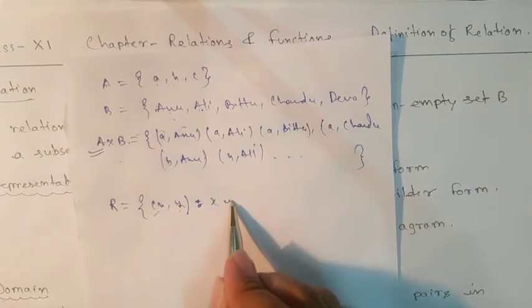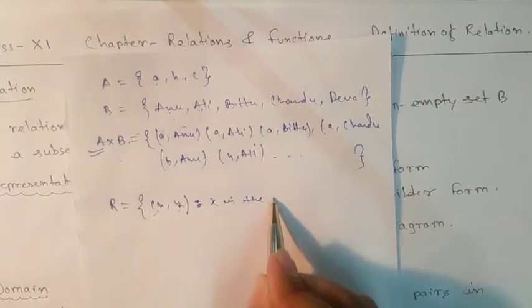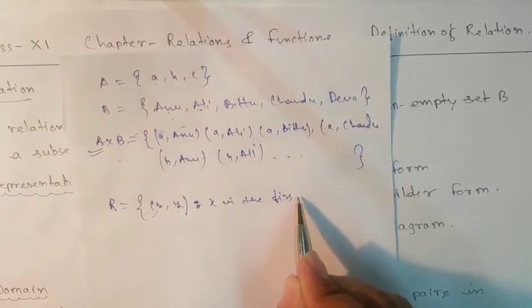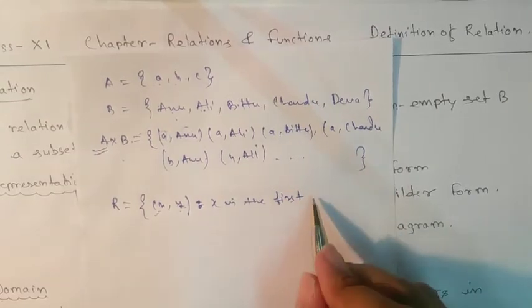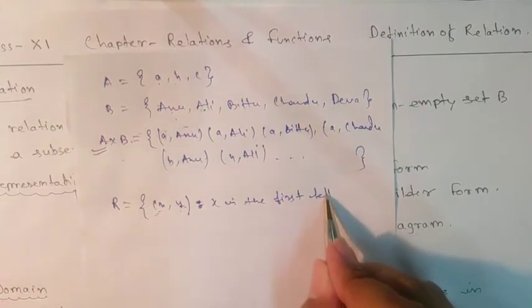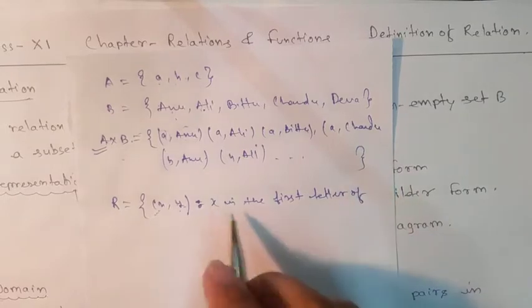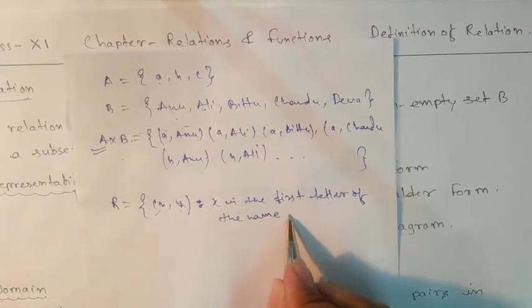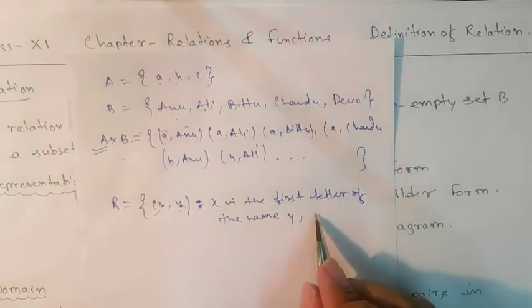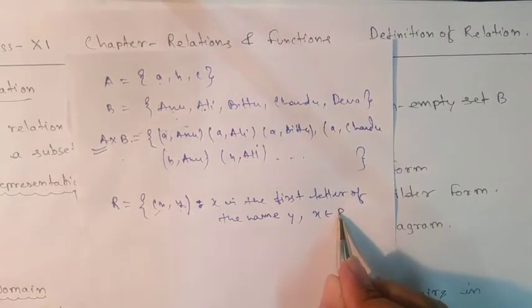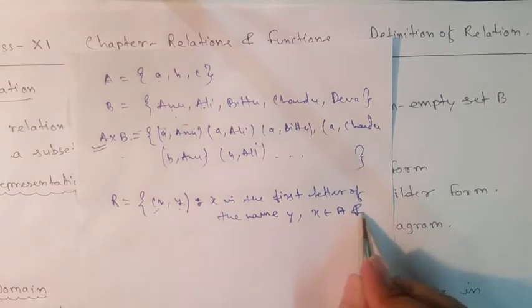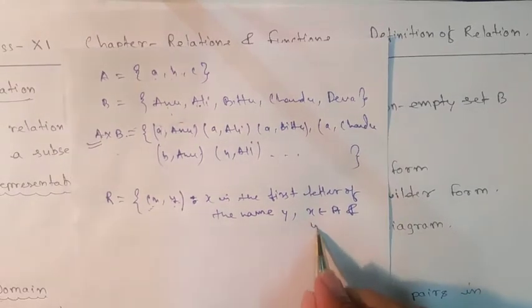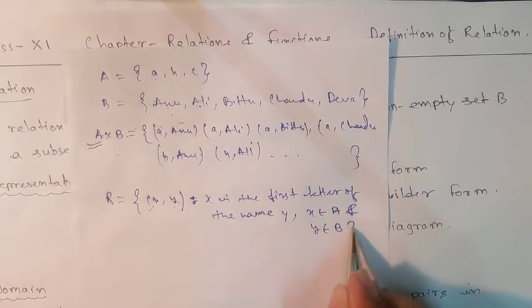Here, x is the first letter of the name y, where x belongs to A and y belongs to B.